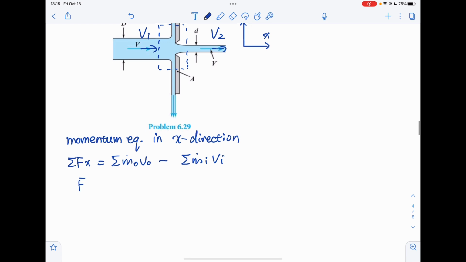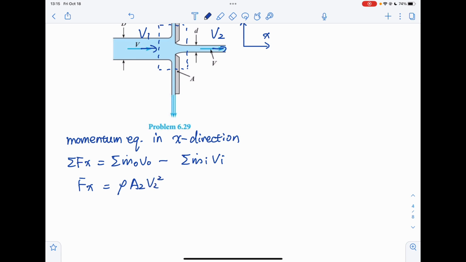So for our case, Fx equals rho times A2 v2 squared.